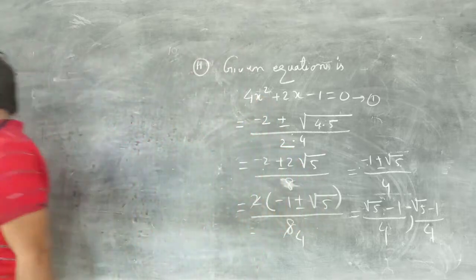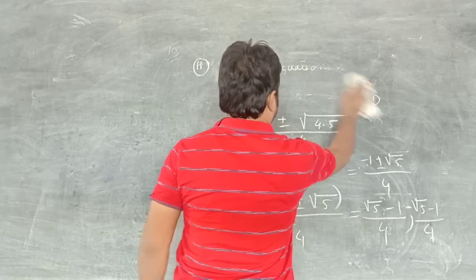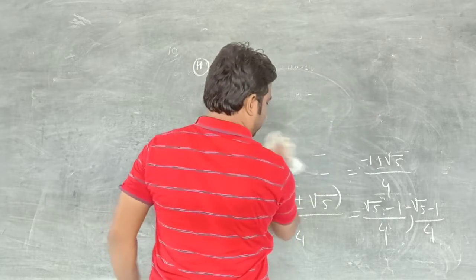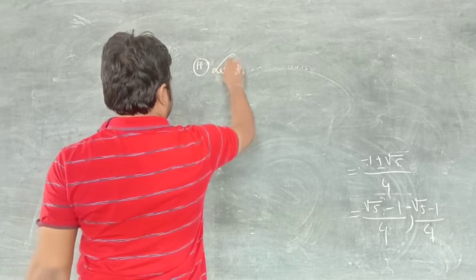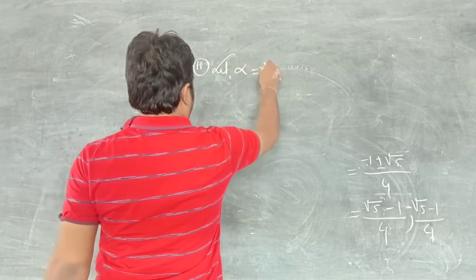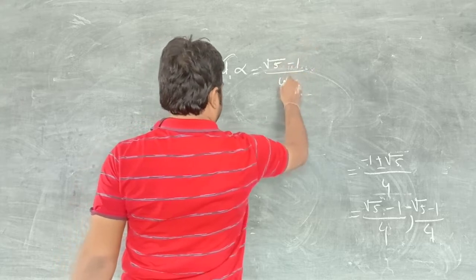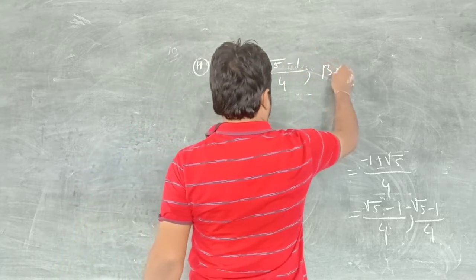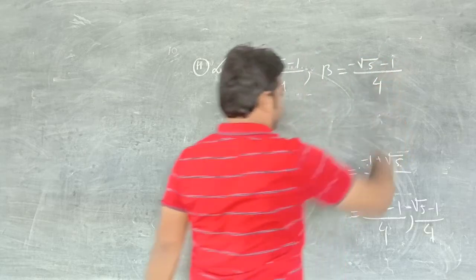So what should you consider now? Let alpha equal to root 5 minus 1 by 4 and beta equal to minus root 5 minus 1 by 4.